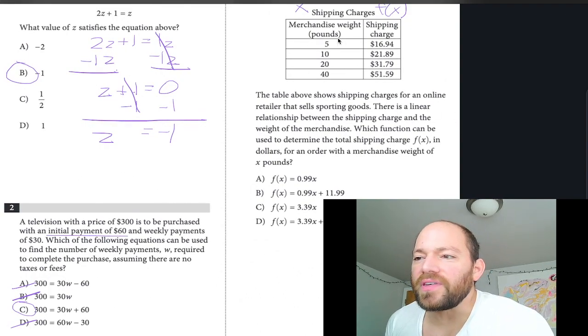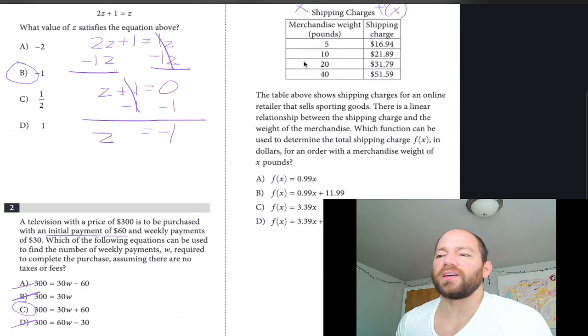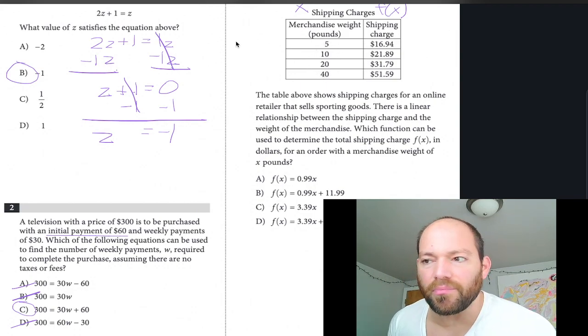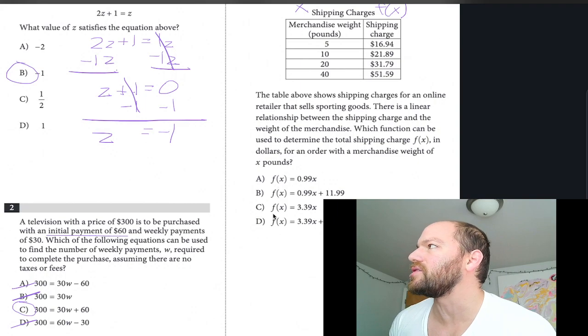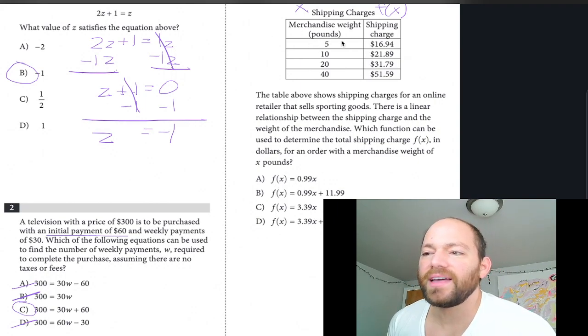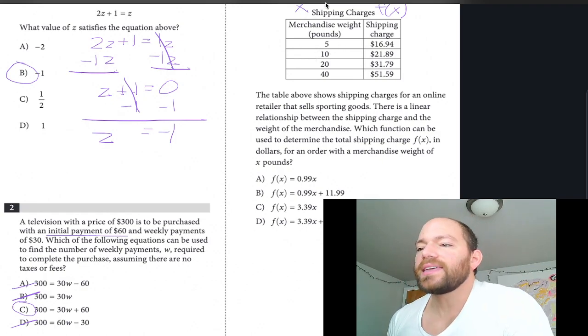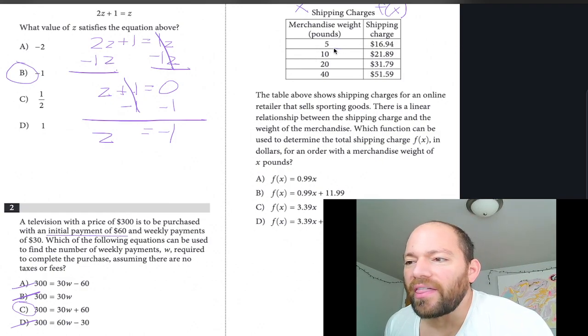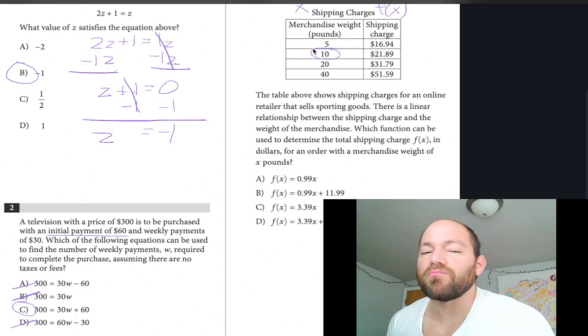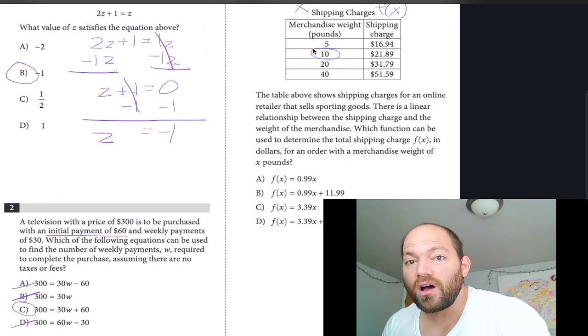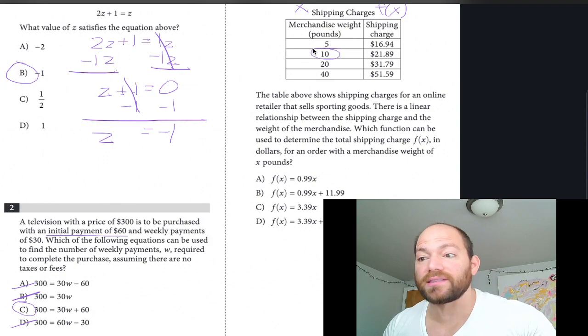And which of these values of x do you think is going to be the easiest number to plug into these equations down here? 5, 10, 20, or 40? Yeah, we're going to be doing the 10, because to multiply something by 10, all that happens is you add a 0.